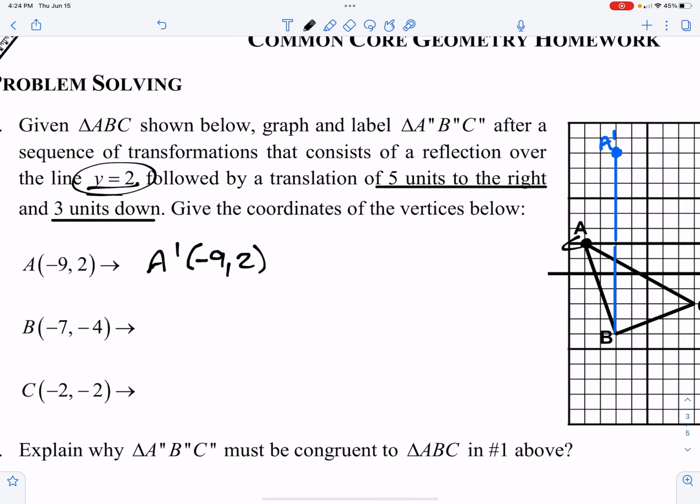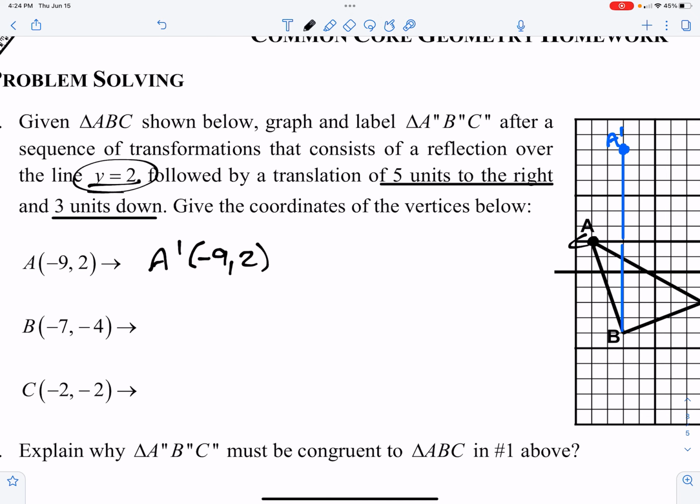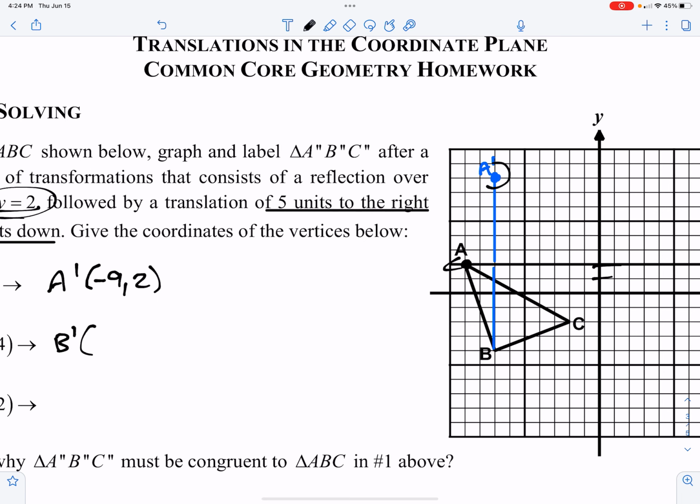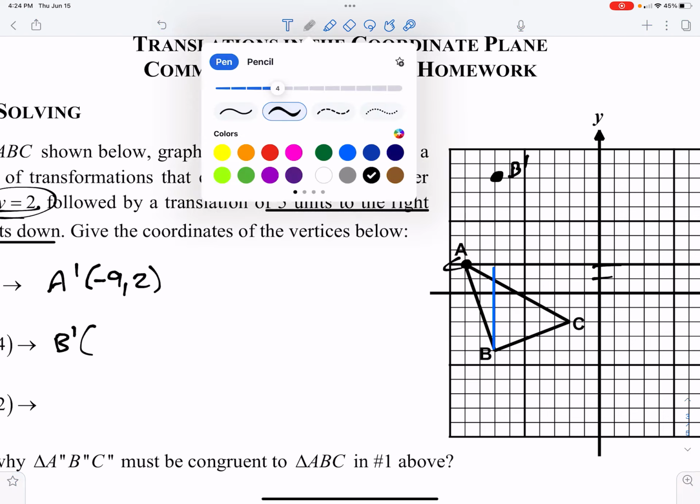Okay. So I first want to find out what the reflection is going to look like, then we'll focus on the translation. It's easy to do this if you do it one little step at a time. If you try to do too much at once, it becomes a little much. So to find the reflection of this point about that line, that would be not A prime, but B prime. It would be 6 units above that line.